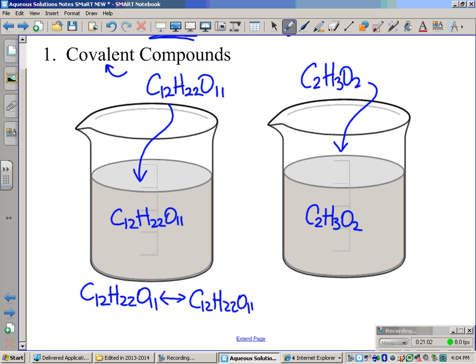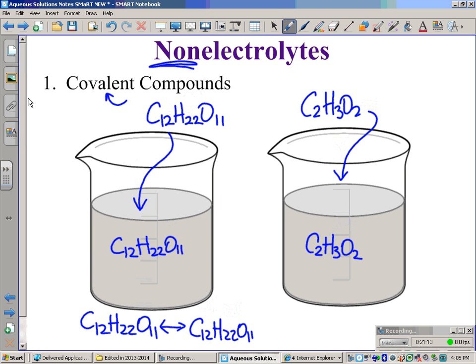They did not change the way that they were adhered to each other. So that is a covalent compound. It's going to fall into this category, again, you can see up here at the top, of a non-electrolyte. If you put those conductivity probes in here, nothing happens. Just like putting it in water, there's no conductivity, not enough to light that light bulb.